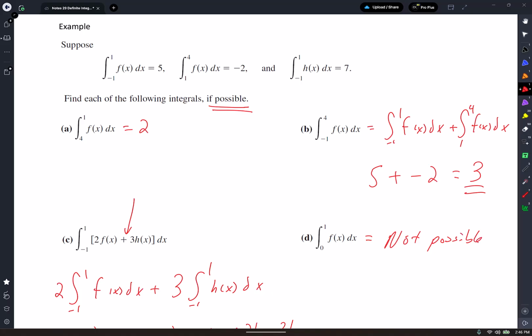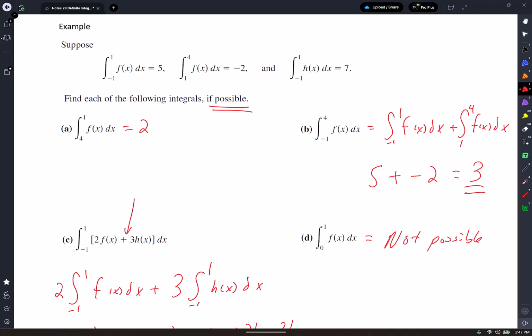There's one scenario where it would have been possible. Let me explain that scenario. If they would have told us, they don't, but if they would have told us that f of x is an even function, even functions are symmetric about what axis? The y. Notice, -1 to 1 is equal distance from the y-axis by a space of 1. If they would have told us that f of x is even, we just would have cut that in half.